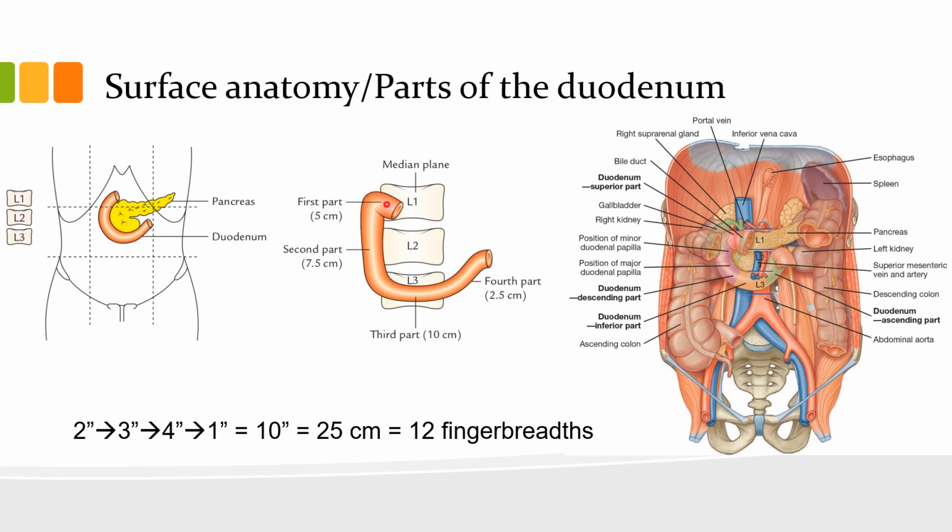This bend here, between the first and second part, is called the superior duodenal flexure. This bend is the inferior duodenal flexure, and the bend here between the duodenum and jejunum is called the duodenojejunal flexure or duodenojejunal junction.